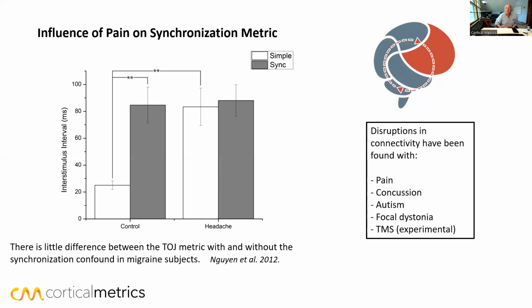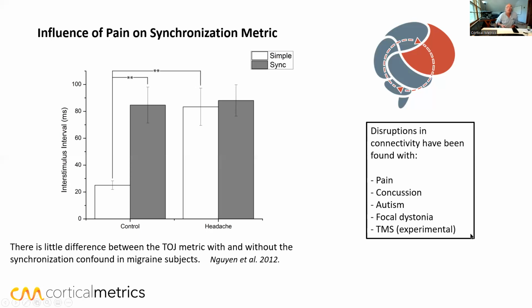We see this in a lot of different conditions: disruptions in connectivity with pain, concussion, autism, which will be the subject of an autism talk in the science section later, and focal dystonia, which I mentioned.